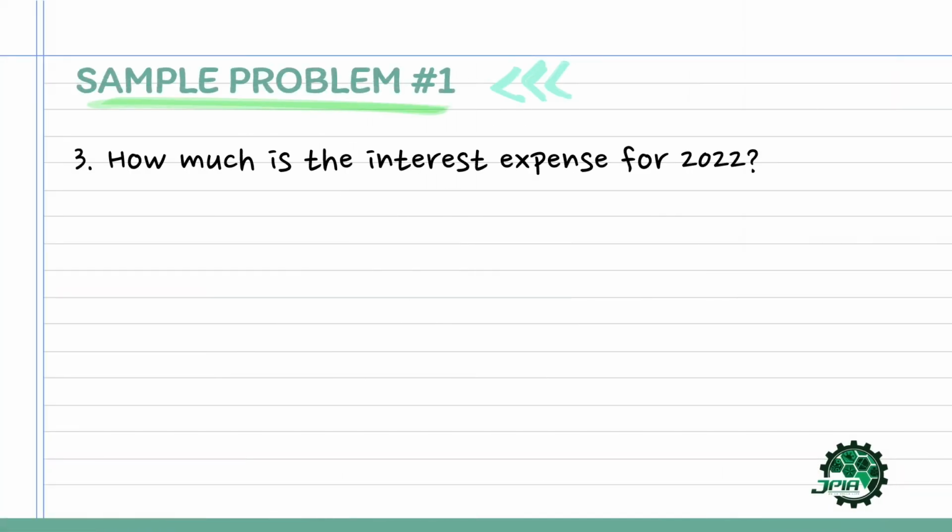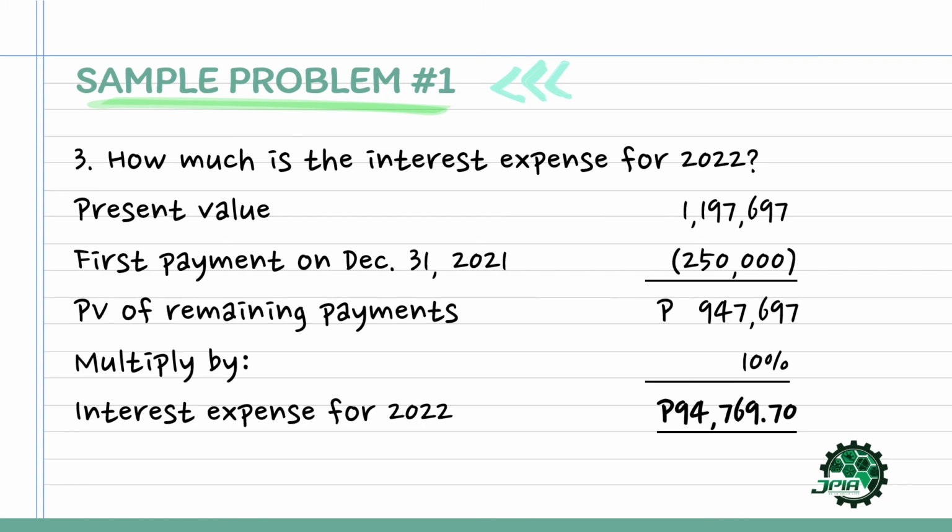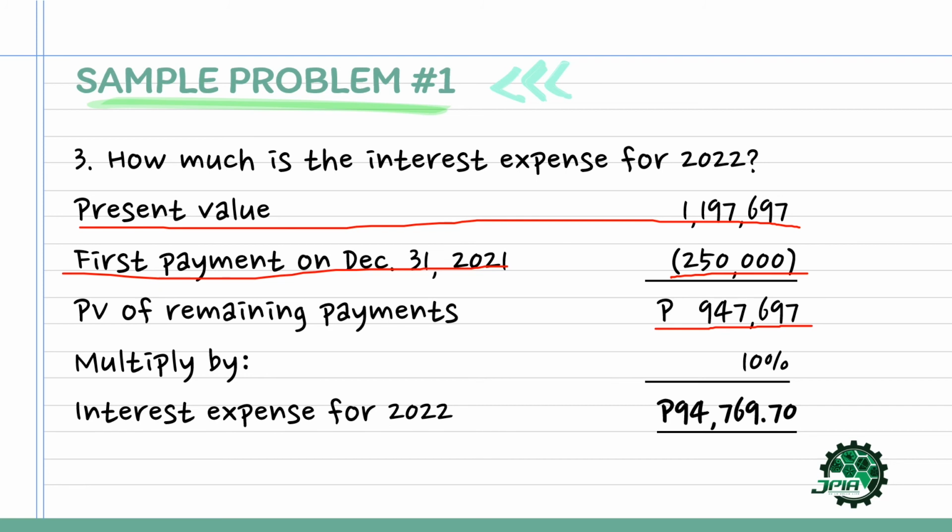Now, the next question is, how much is the interest expense for 2022? Okay, so para makuha natin ang interest expense for 2022, ganito lamang. Kukunin natin yung present value of the note payable, which is 1,197,697, less the first payment on December 31, 2021, which is 250,000, which will give us 947,697.